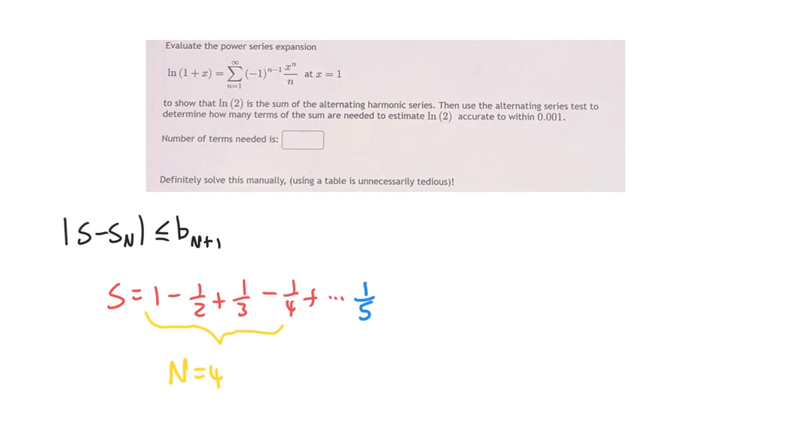The positive part of the nth term, let's just call it b sub n, is 1 over n. These are all of the form 1 over n.